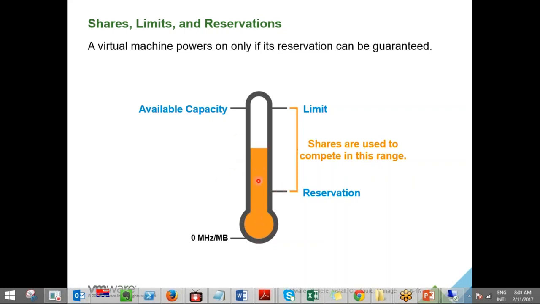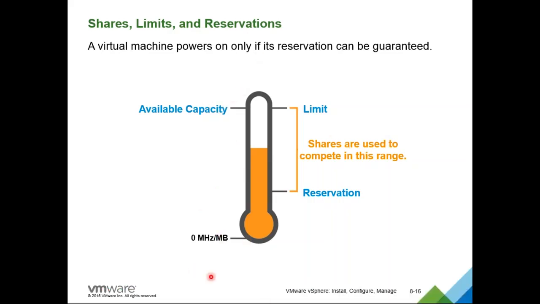Once again, let me explain. Here we are using some meter to reserve or to limit our total available capacity of your CPU and memory. So using this total resource or available capacity, we are performing reservation, shares and limits.